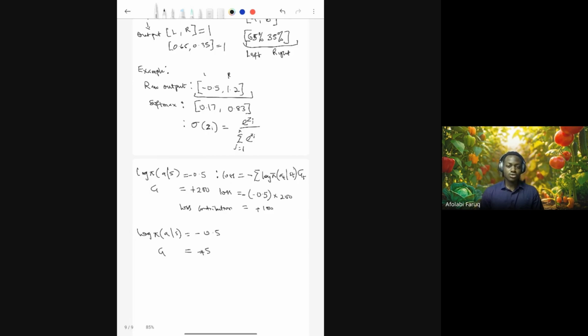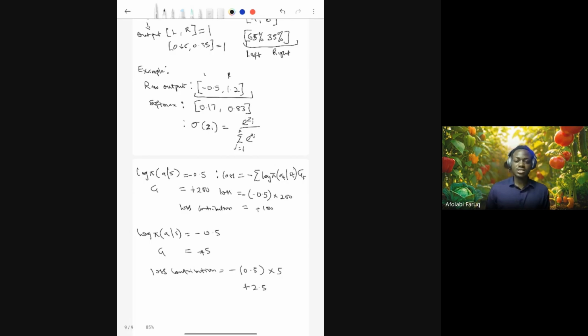So in this case, the loss contribution equals minus 0.5 times 5. So we have plus 2.5.